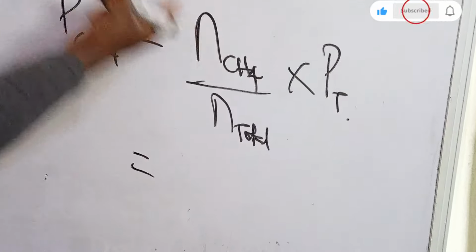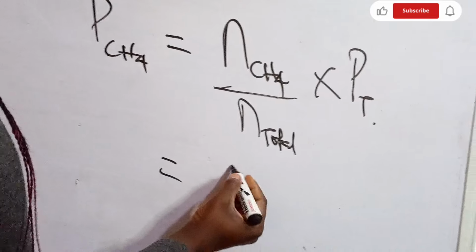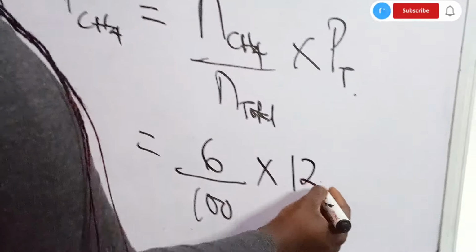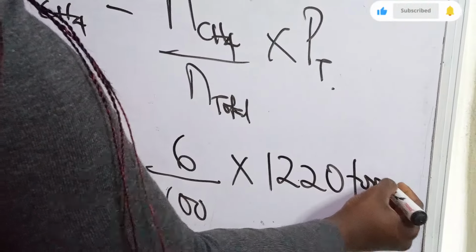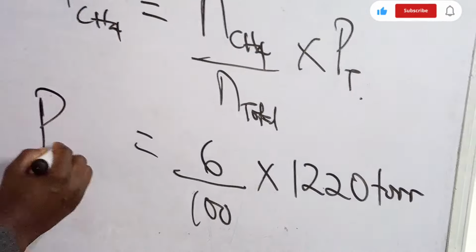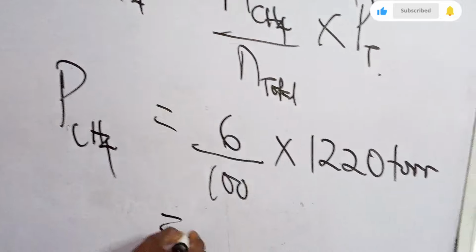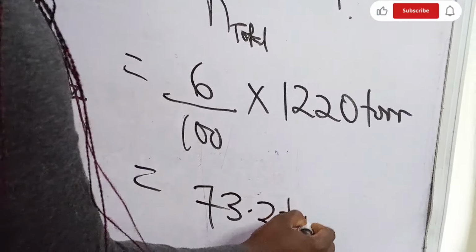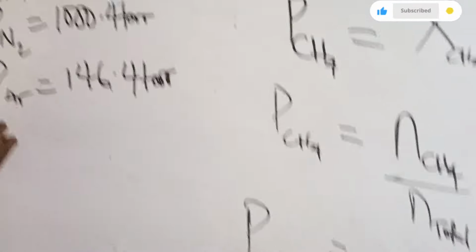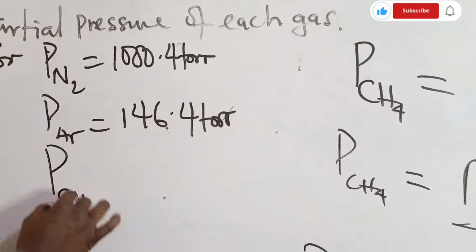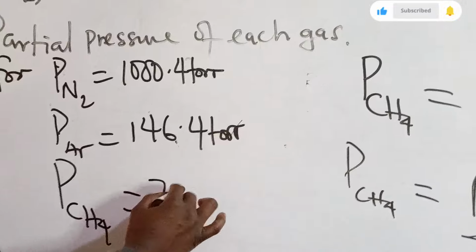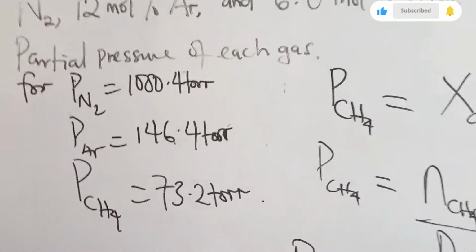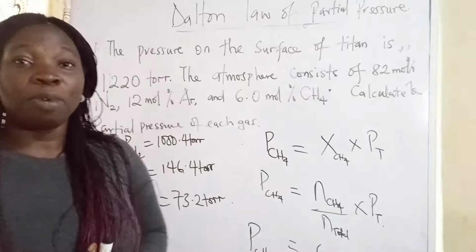And what is the value for N methane? It is 6 moles. So it will be 6 divided by 100 times 1220 torr. So you see the partial pressure of methane will be equal to 73.2 torr. Thank you, and keep watching ChemTech laboratory tutorial.